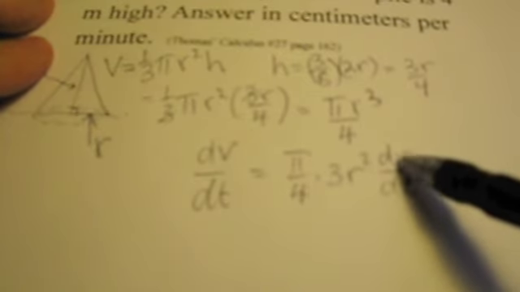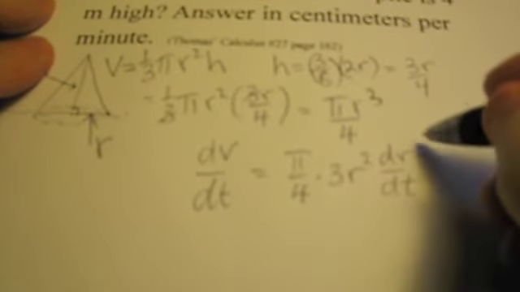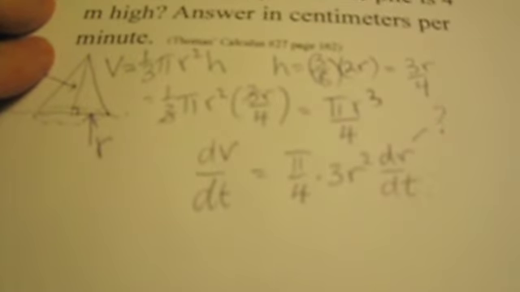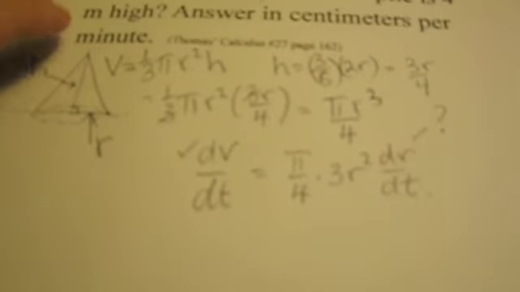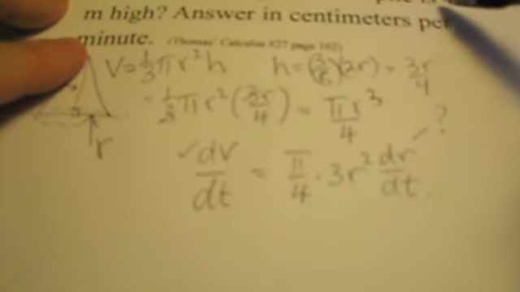So consequently now we have dr on dt, which is one of the things we need to find. We do know dV on dt, and we do know the radius. Well, do we know the radius? That's a good question. Notice that we have the height of 4 meters.